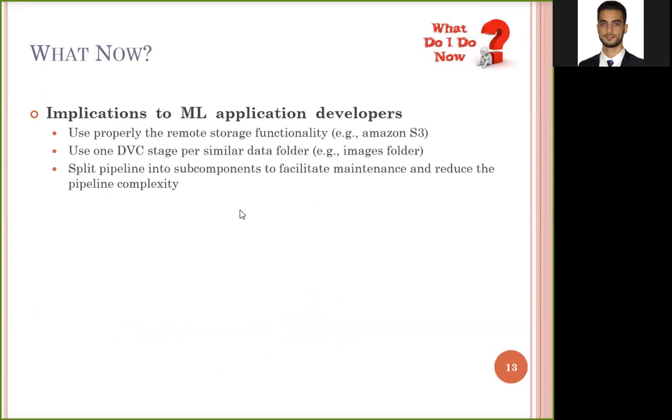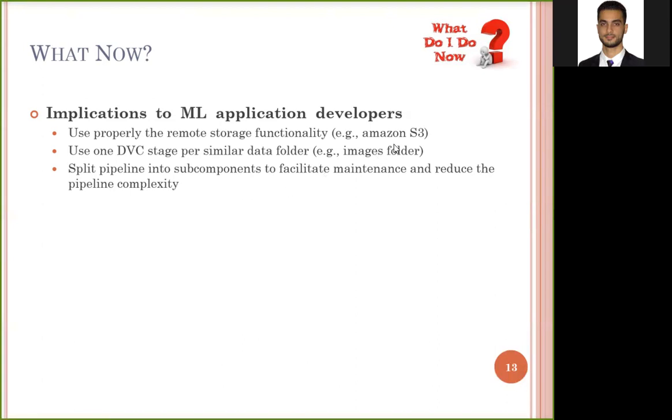The first implication is for the machine learning developers. There is some advice that we gave to the developers. For example, how to properly use the remote storage, not saving the files to GitHub.